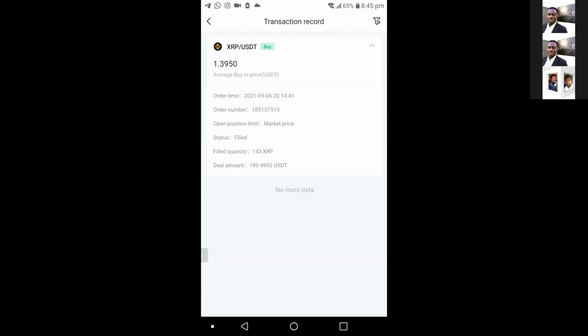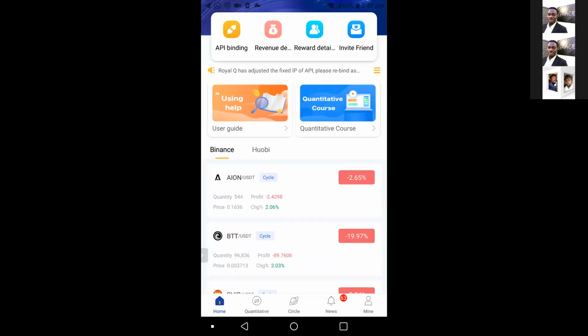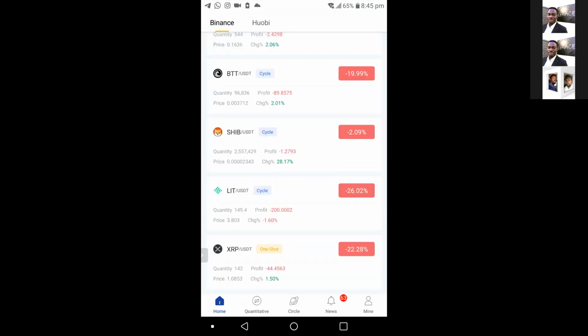I bought $200 worth of position at 1.3950. Now the market went down 1 point. It's currently 1.08, so I'm floating a loss of about $43. Because it's on one shot and I don't have enough capital to put it on cycles to come out of this trade, I have to wait the market out.